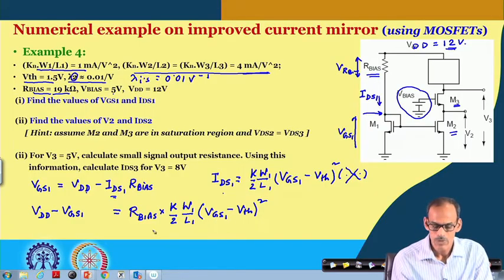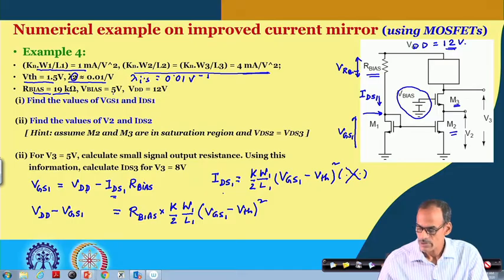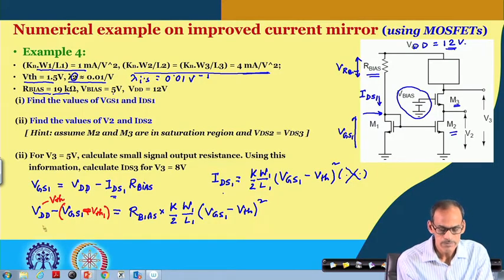Now, VGS also needs to be found out. For simplicity, let us consider we add VTH1 here, so that we can write this minus VGS1, but since we are adding it, we also have to subtract the same VTH here.